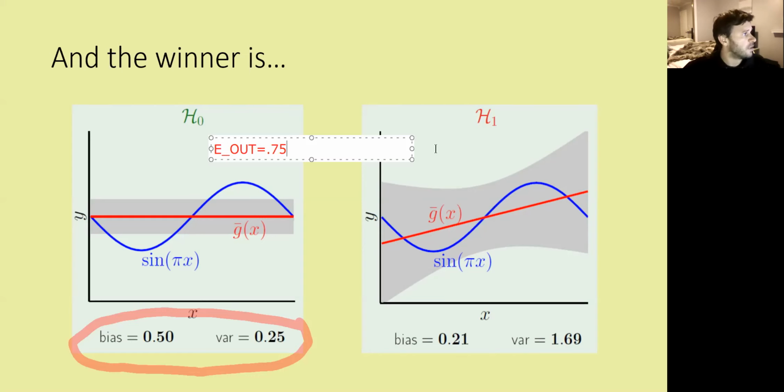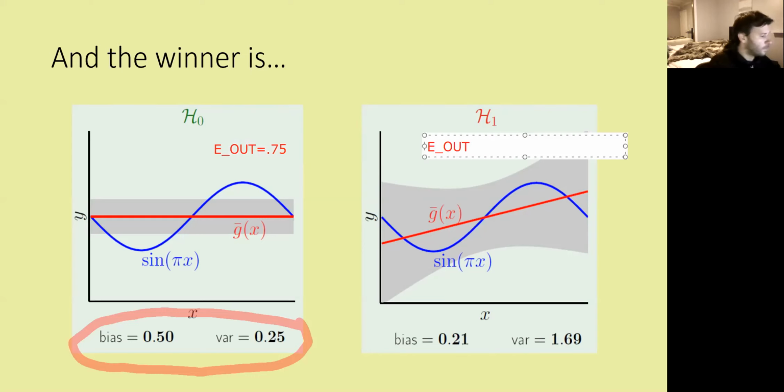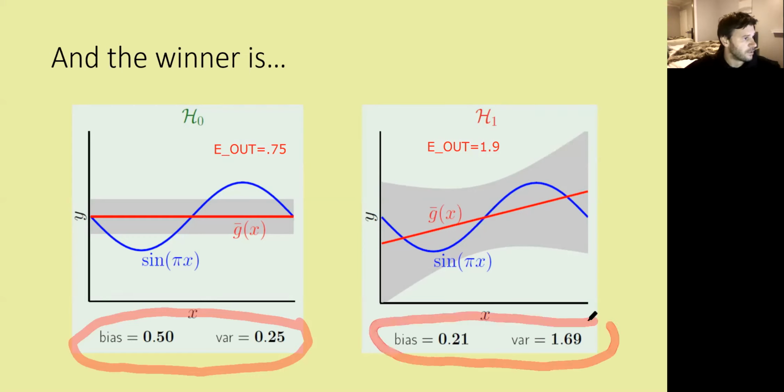You'll notice the more complex hypothesis under H1 has a much higher value of E out. It is 1.9. And again, we got that by adding the bias and the variance, by taking those expectations over every possible 2-point data set that we could have sampled here.